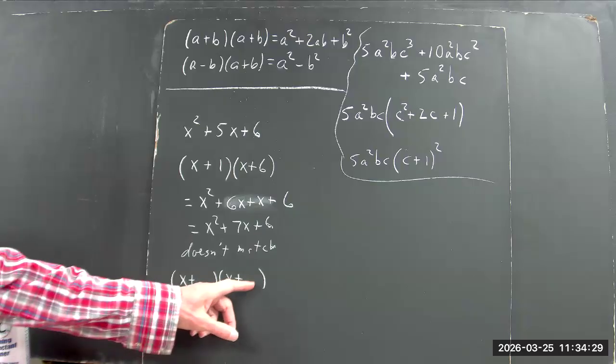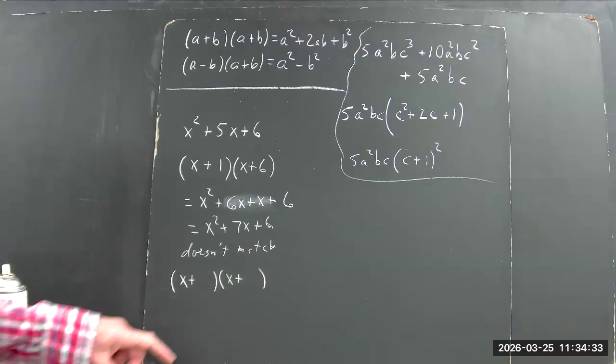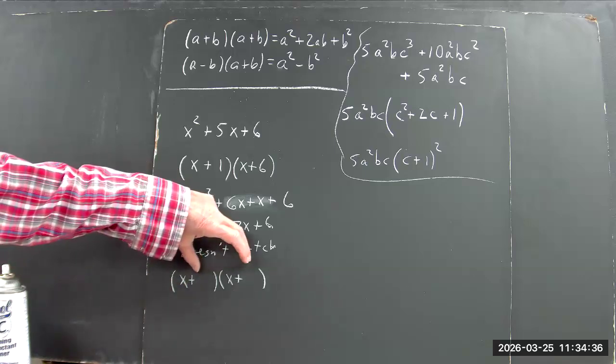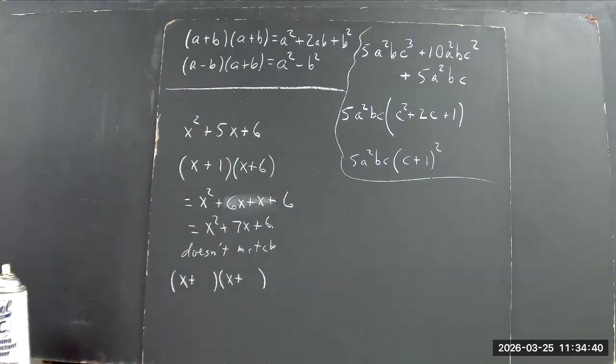Now, are there two other numbers you could put in here? The numbers you put in here are going to end up multiplied by each other to give you 6, right? What are two numbers that multiply out to 6? Just show me with your fingers because we can't talk while the camera's on. 2 and 3. Okay, put a 2 there and a 3 there and see if you multiply it out, see if it gives you this.